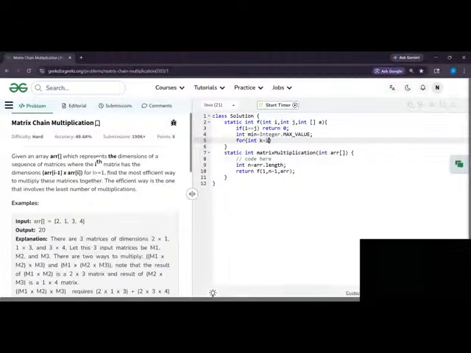Starting from I, as we saw in the algorithm, and our k can go till j minus 1.